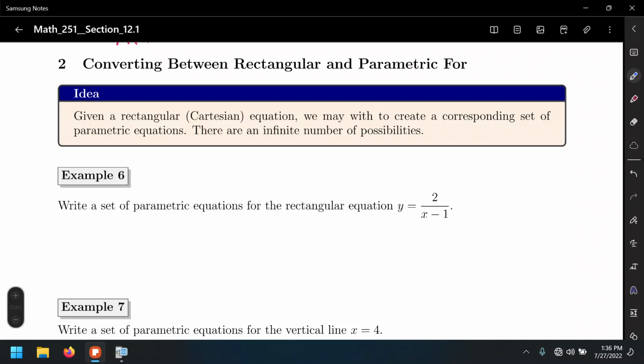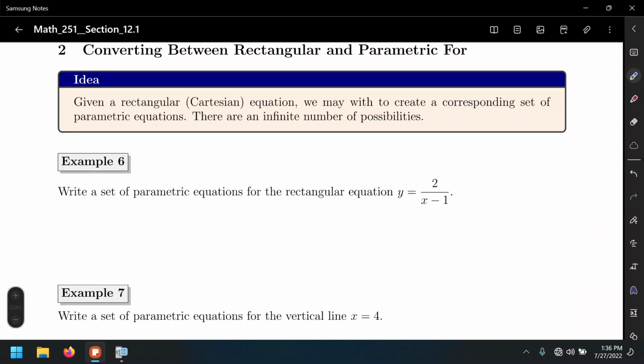We can actually find infinitely many ways to parameterize a rectangular function. Like for example, number 6. Let's write a set of parametric equations for the rectangular equation y equals 2 over the quantity x minus 1. I'm actually going to write a few.